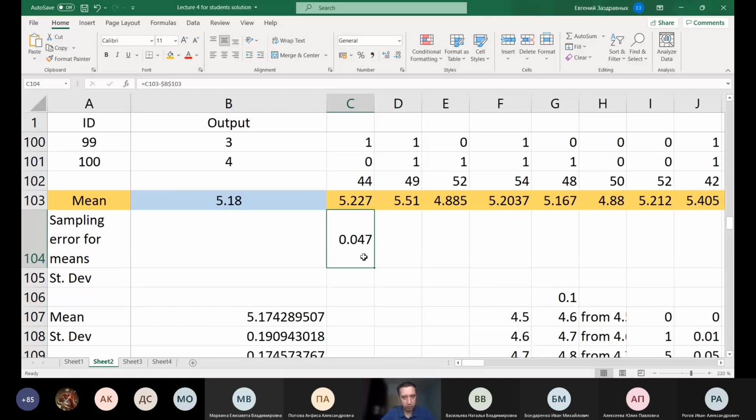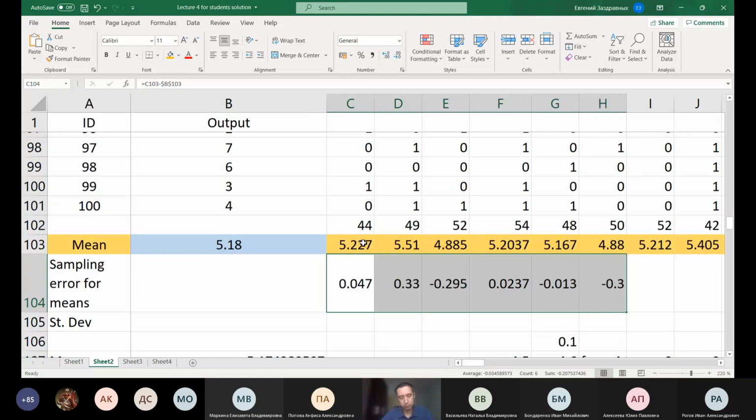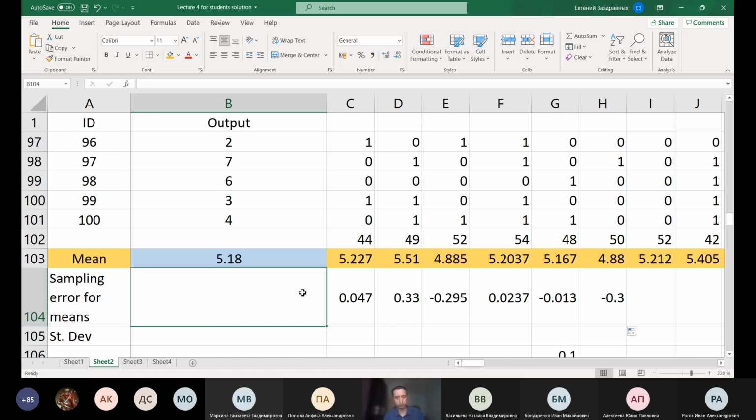This is our difference, calculated for all values in our dataset. And calculate this difference for all sample averages.